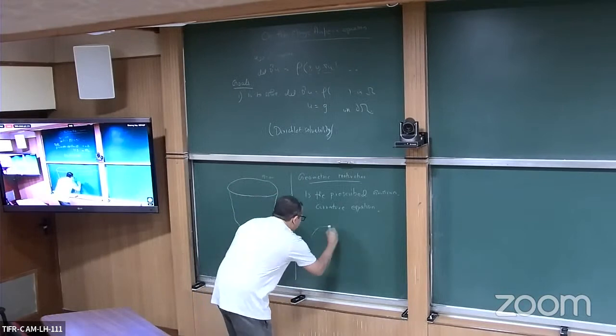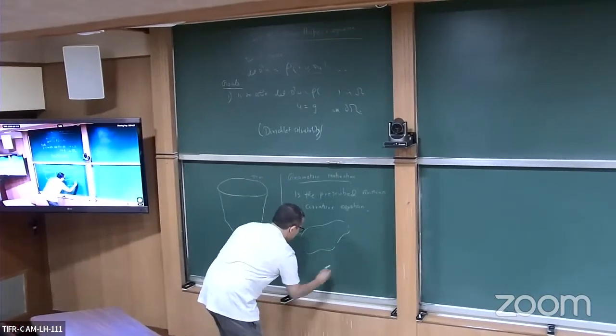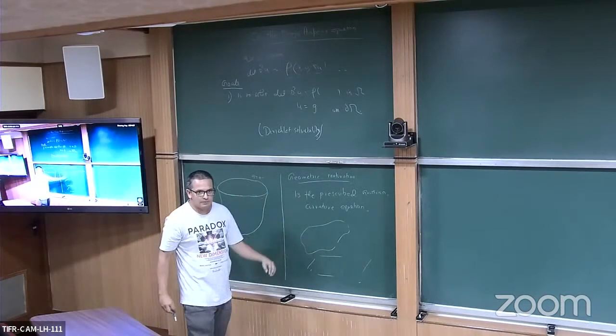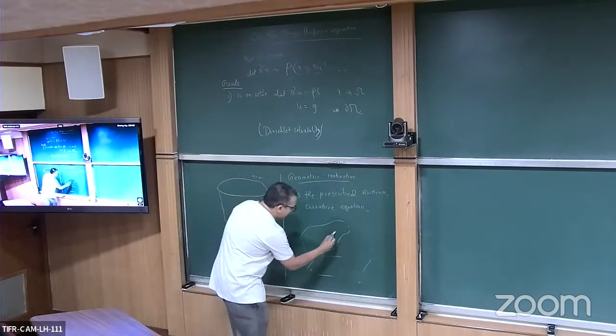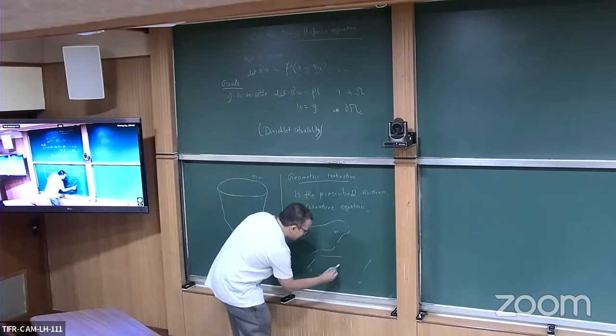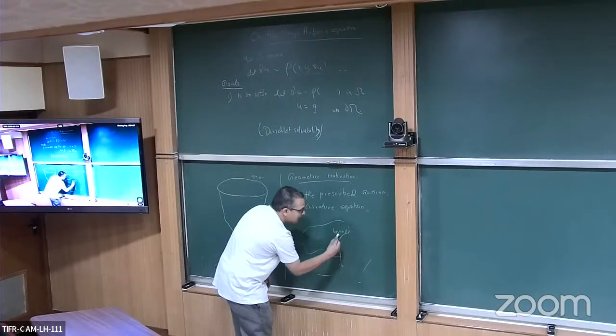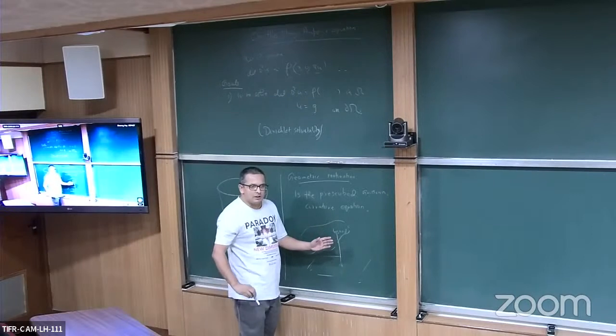Now if I have a graph lying on a plane, suppose I have a graph of a function, at any point x I have a representation. I look at the function value, this is x comma u(x), and what is the Gaussian curvature?